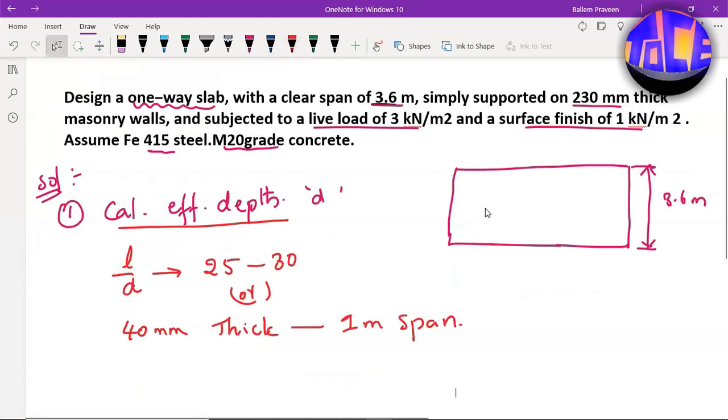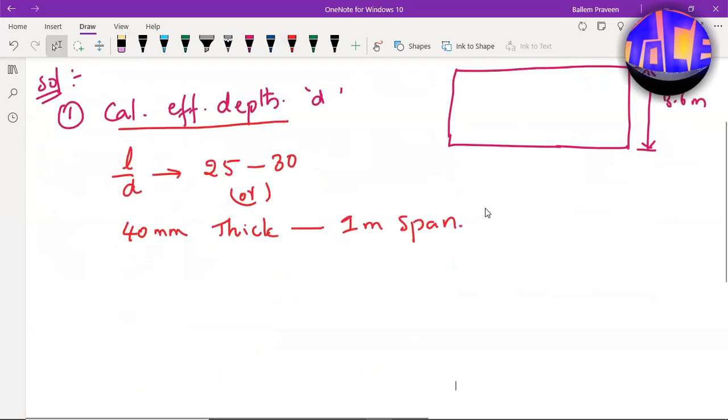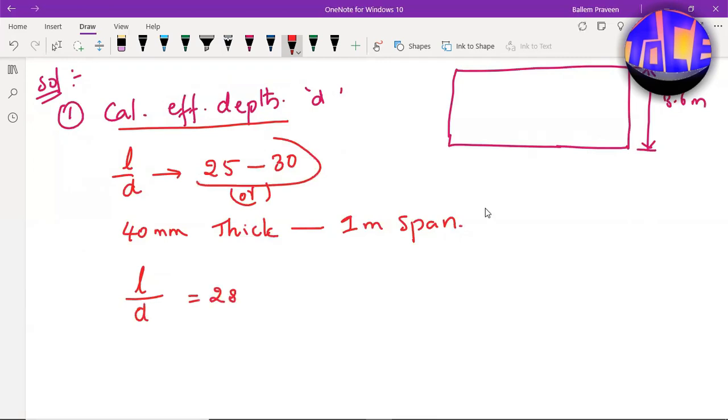Now let me consider the L by D ratio as 28. For this L by D ratio, for a shorter span you have to consider a higher value. For a longer span you have to consider a lesser ratio.